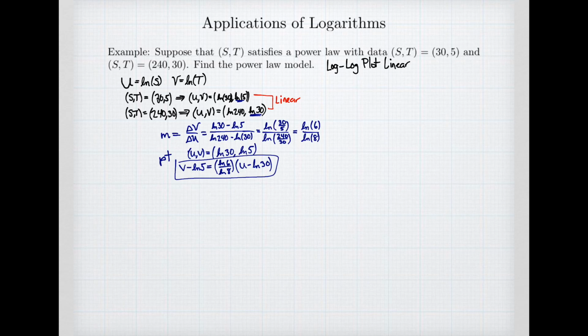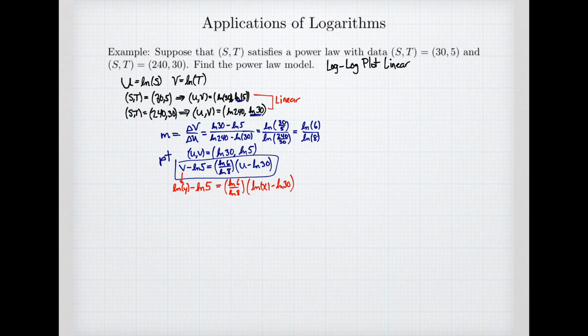But we want to think about the original s, t coordinates, and so we're going to transform back now. My v, remember, was the natural log of t. So we have the natural log of t minus the natural log of 30 equals this slope, the natural log of 8 over the natural log of 6, times the natural log of s minus the natural log of 5. Awesome.